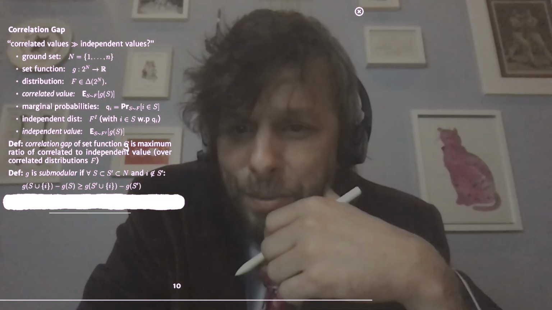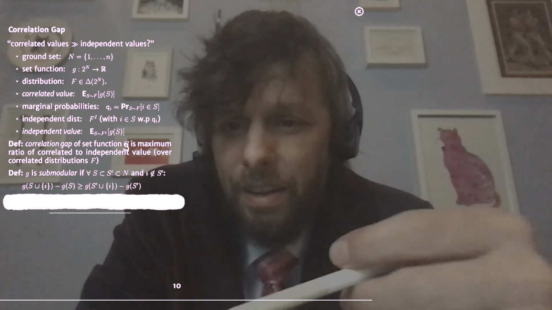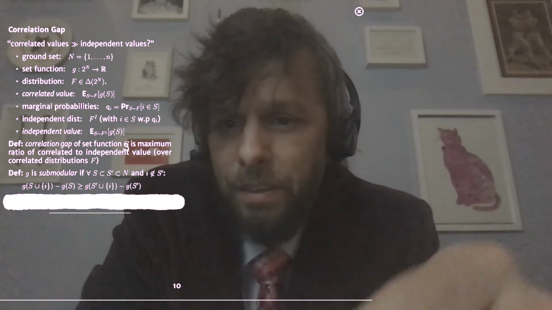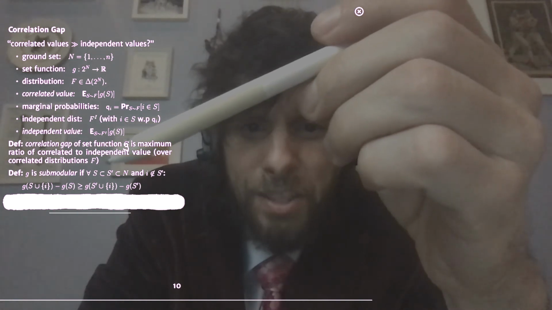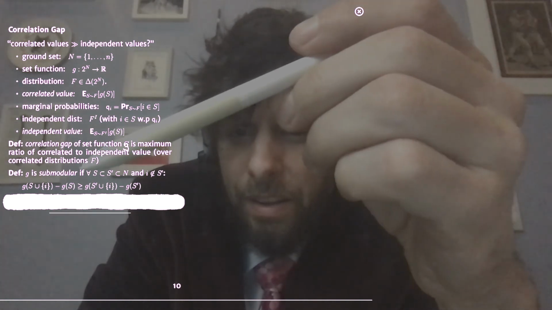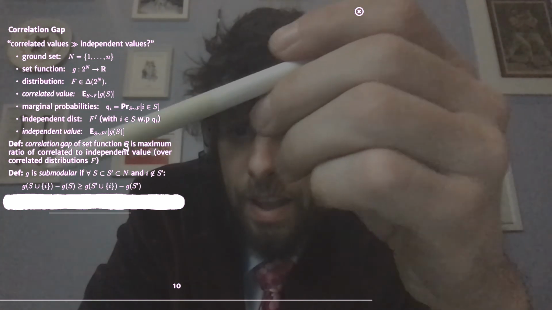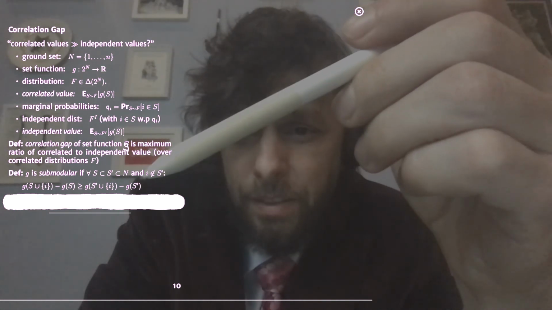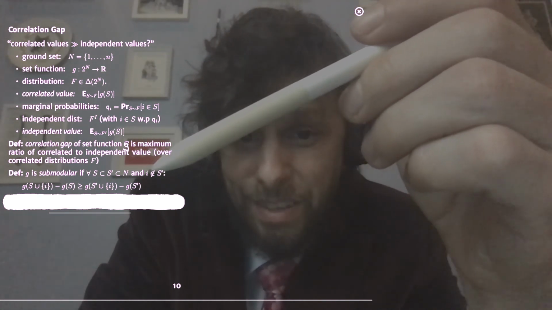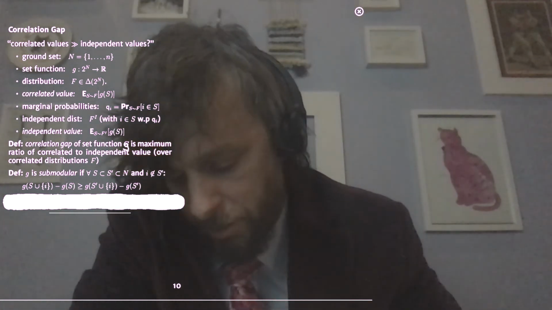If I have two subsets of the ground set, one contains the other, and I have some element i that's not in these sets, then it's submodular if there are diminishing returns: adding element i to the smaller set has greater marginal benefit than adding it to the bigger set. So there are more gains to adding this element to a smaller set than to a bigger set. Then we say it's submodular.